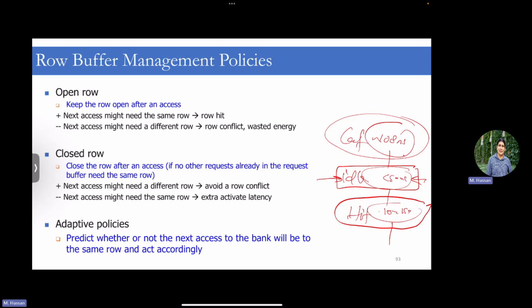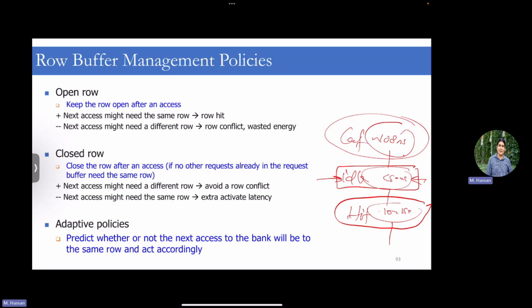In our laptops, for example, if you have an Intel machine, they try to leverage both. They say, okay, can I dynamically change between open row and closed row based on my traffic pattern? So they deploy a dynamic or adaptive page policy where they keep a window, like a counter, that counts the number of hits and conflicts. If the number of hits goes above a certain limit, it means you have good locality, so they leave the row open.